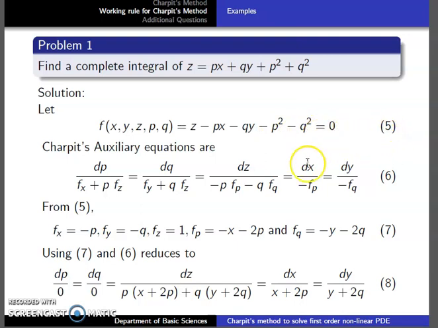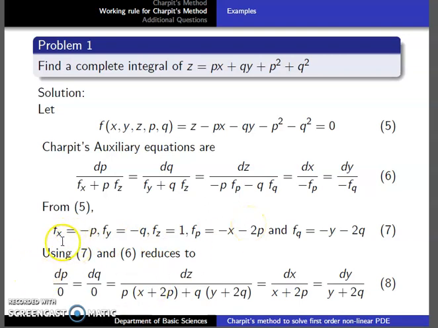That is equation 5. Then we consider the auxiliary equations: dp by fx plus p into fz equal to dq by fy plus q into fz equal to dz by minus p fp minus q fq equal to dx by minus fp equal to dy by minus fq. Then we evaluate the partial derivatives.